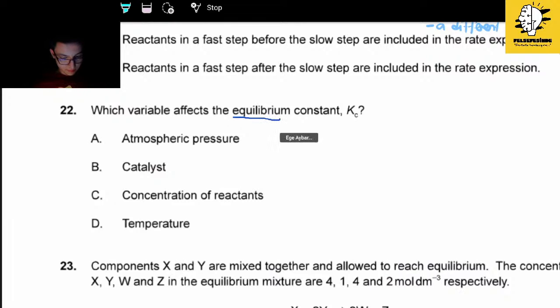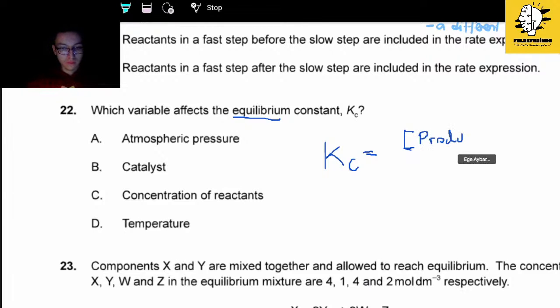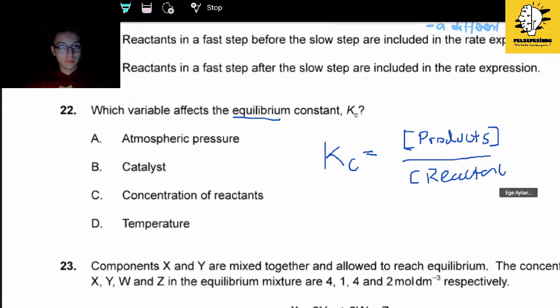In the equilibrium constant, we express concentration like this: concentration of products over reactants. And if there is more than one product or reactant, then we write them separately in square brackets. Okay, let's see. It says atmospheric pressure.